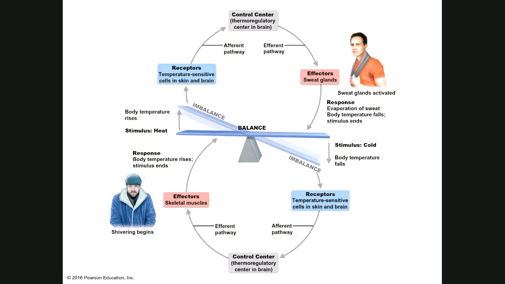I'll make a note to myself here because I want you guys to know the specific name of this part of the brain. Very important. This part of the brain you need to know. It's called the hypothalamus.